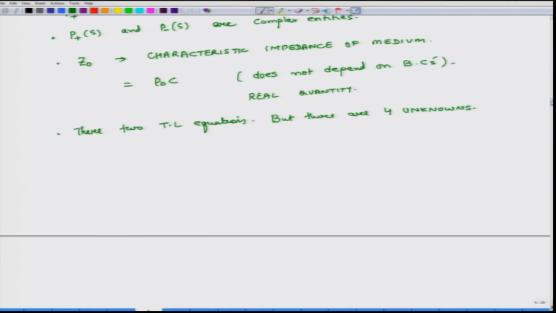So, what that means is, hence we need two additional conditions to solve for 4 unknowns.